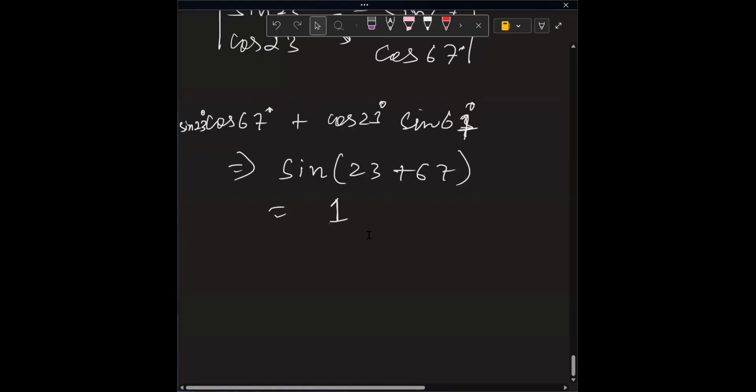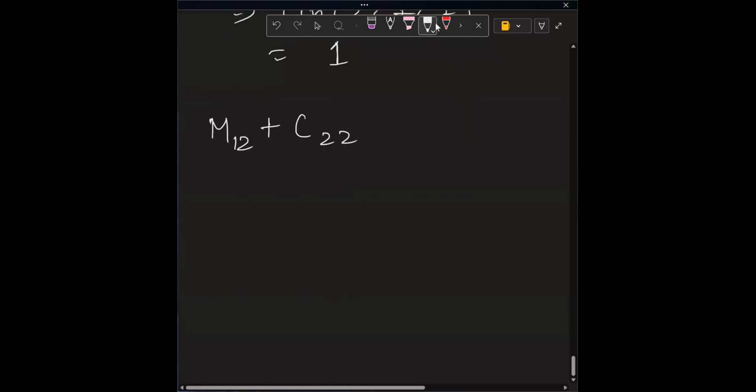Okay, so now in the second question, you have to find the sum of M12, that is minor of the 1 2 element, and C22, that is cofactor of the 2 2 element. In this question you have a matrix, and you have to find the sum of minor and cofactor.